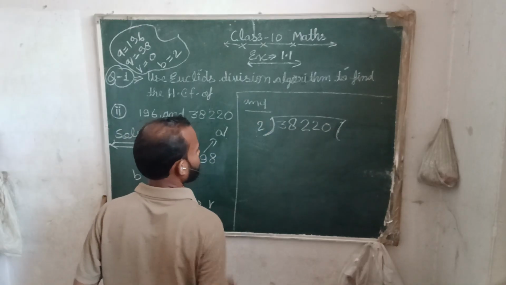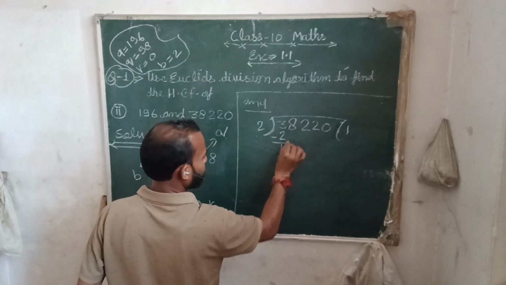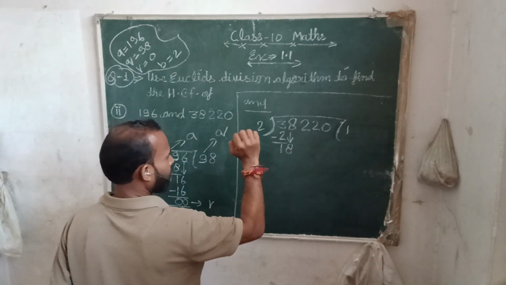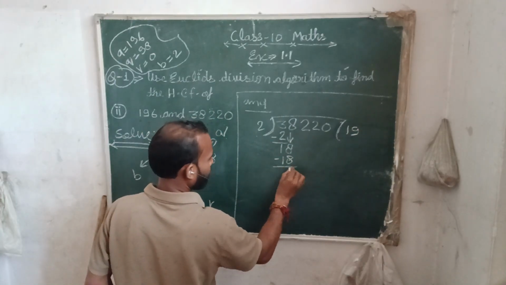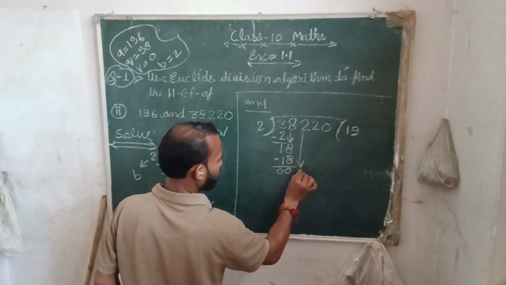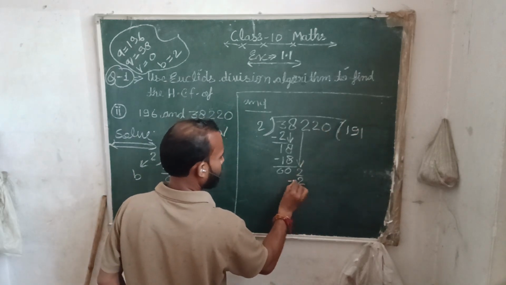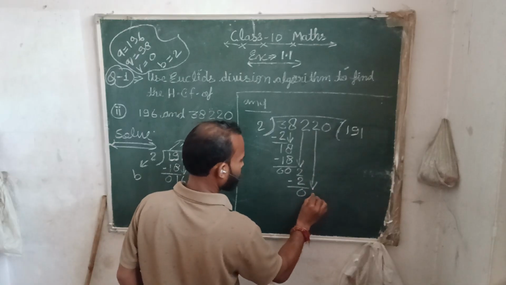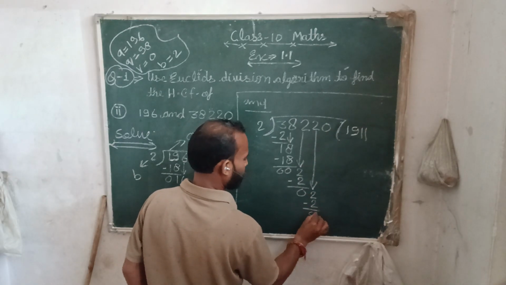Apply 2. 2 ones are 2, remains 1. Now bring down the next digit 8. Now we get 18. 2 nines are 18, remains 0. Next digit, note down 2. 2 ones are 2, remainder 0. Next digit 2, 2 ones are 2, remainder 0.